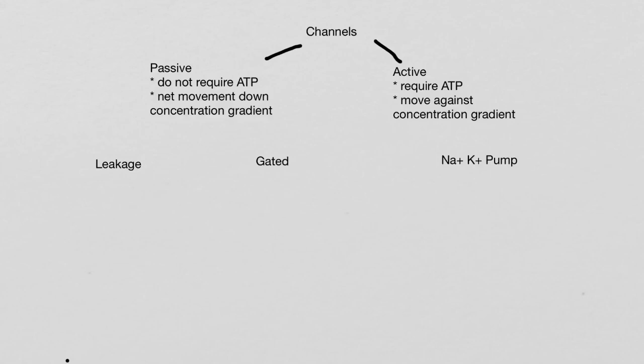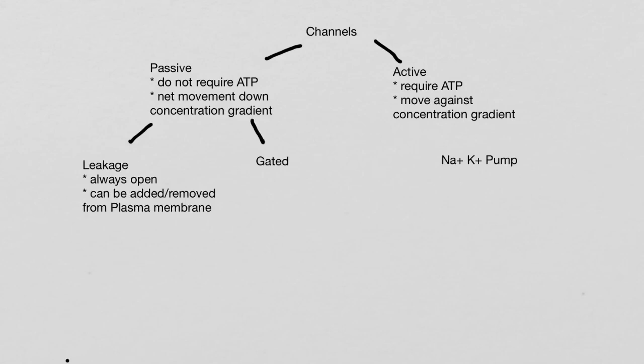Passive channels can be further broken down into leakage channels, which are always open, and gated channels, which only open under certain conditions. Leakage channels are always open, and they can be added or removed from the plasma membrane. So if more water needs to come into the cell, it can insert more aquaporins in the cell membrane.